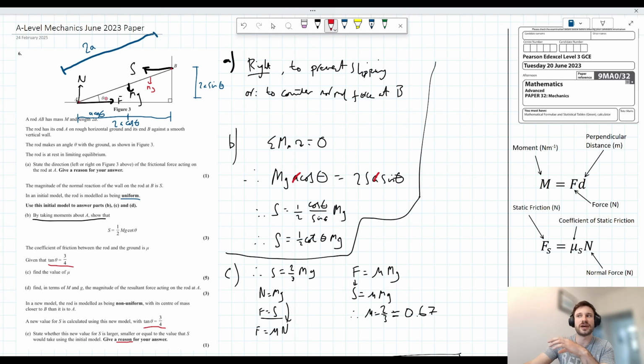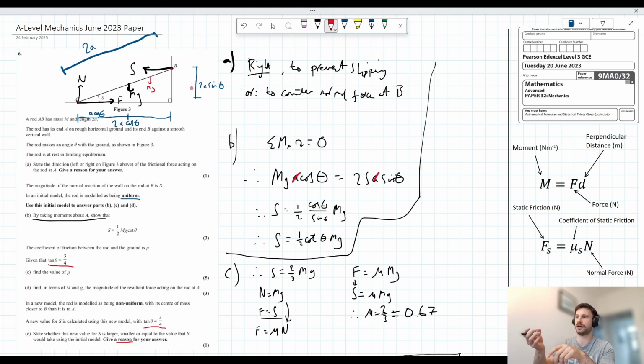The idea is that the perpendicular distance to this weight force here has increased. So mg has moved over to the right. The perpendicular distance from point A has increased, but the perpendicular distance for our anti-clockwise moment, our normal reaction at point B, has remained the same since the geometry of the triangle has remained the same.